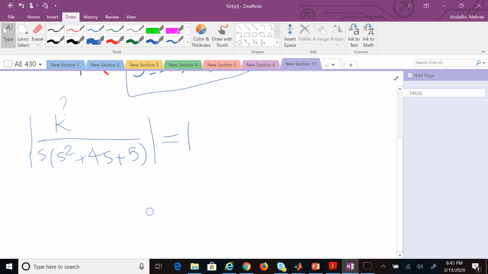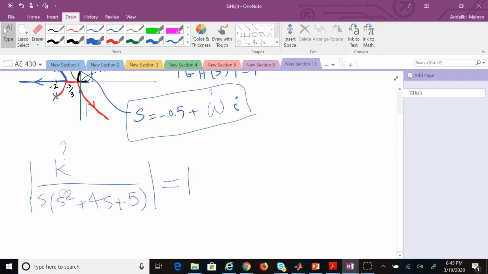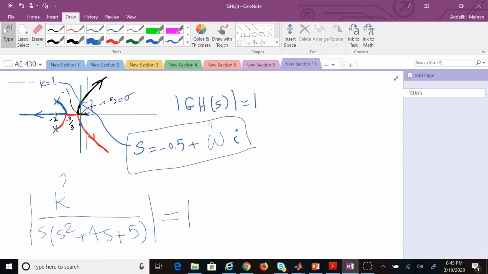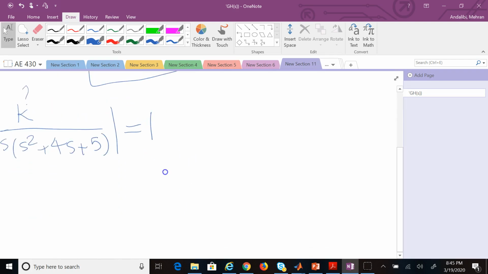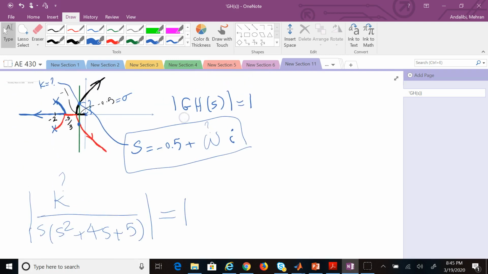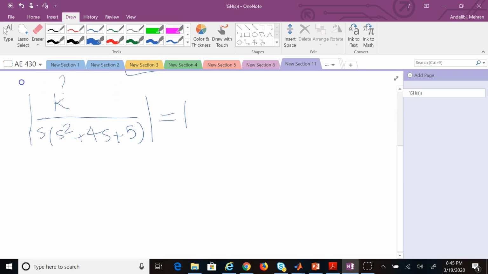So if I knew exactly S, everything about it, real and imaginary part, then I just use the magnitude condition and it would give me K. But the problem here is I don't know all about this location. I don't know omega, so I need to bring in one more equation to solve for the second unknown, and that is where the phase equation comes from. But let's make it a little smaller so that we can squeeze everything in.